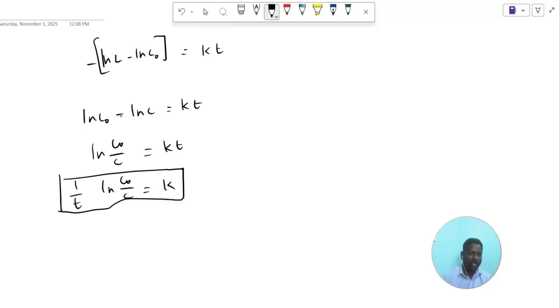You can also find the concentration C from this step. So I am continuing here. Take ln C naught minus ln C is equal to kt. You want to find the concentration of the reactant after time. So what you do? You make ln C naught by C is equal to k into t.